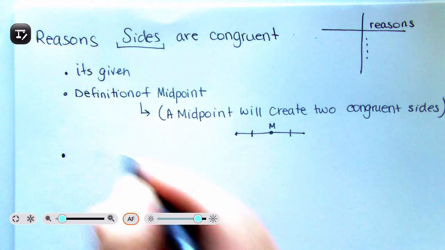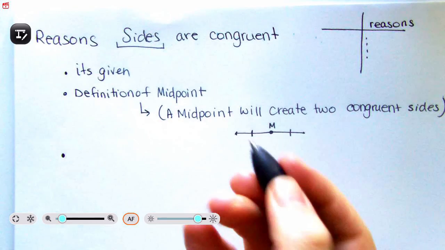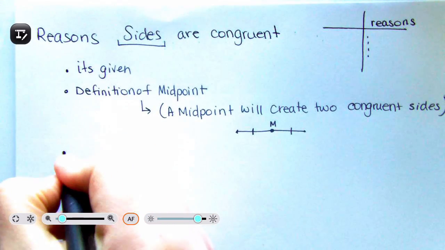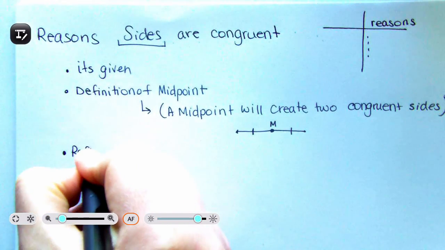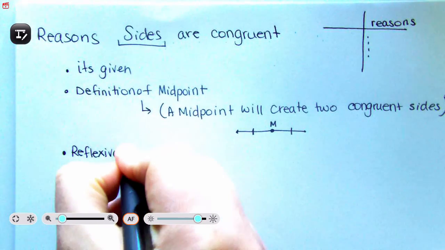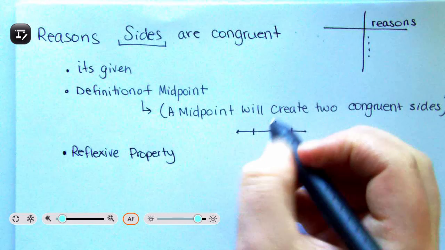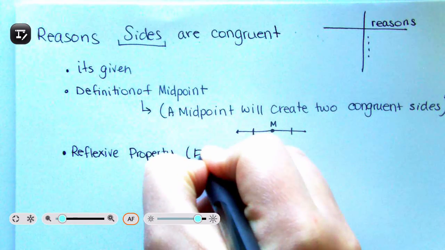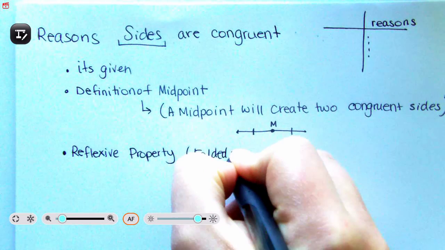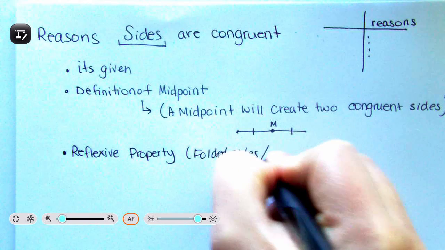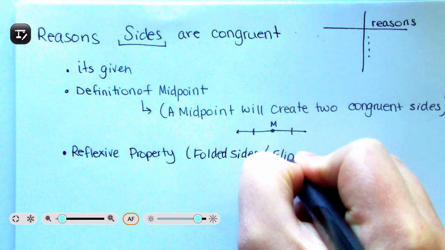So another thing you can use for side congruence is the reflexive property. This is the one that I called folded sides. Sometimes you'll hear it called flipped sides.